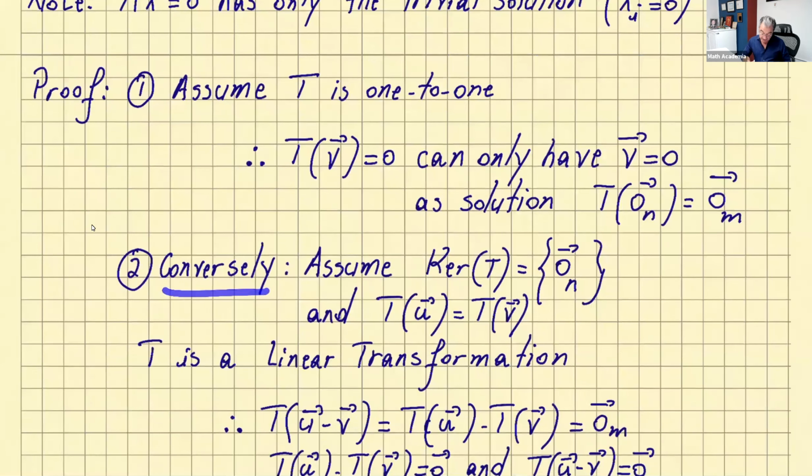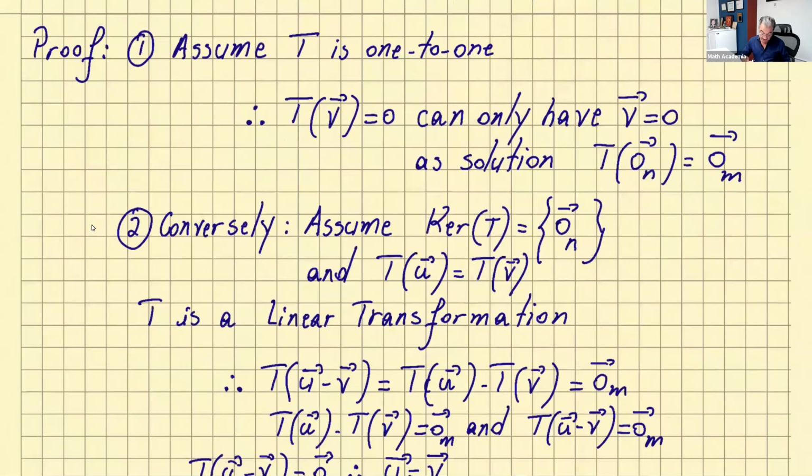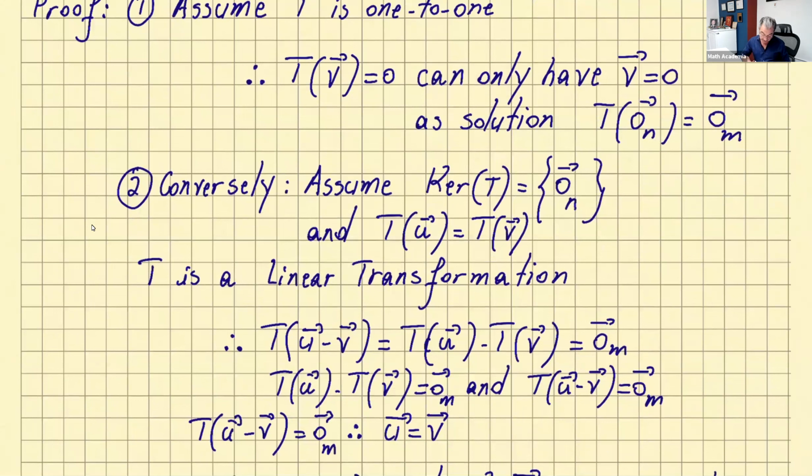Conversely, we assume that the kernel of T equals the 0 vector and T of u equals T of v. So in linear transformation, we learned that T of u minus v is the same as T of u minus T of v. And in this case, we have both of them to be 0.